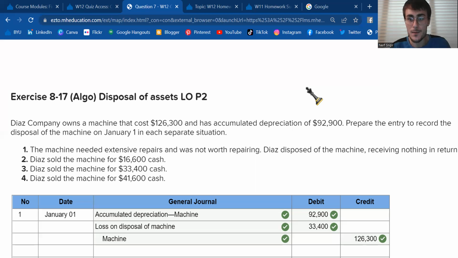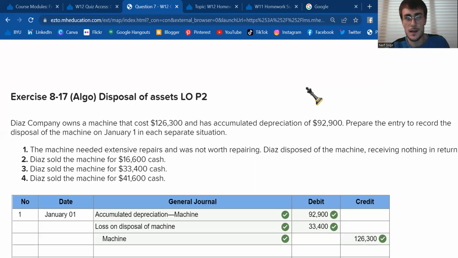For our first one, we were looking for our accumulated depreciation, which is going to be 92,900, and then what we want to find out from there is the difference on the value of the machine as opposed to what we paid for it.